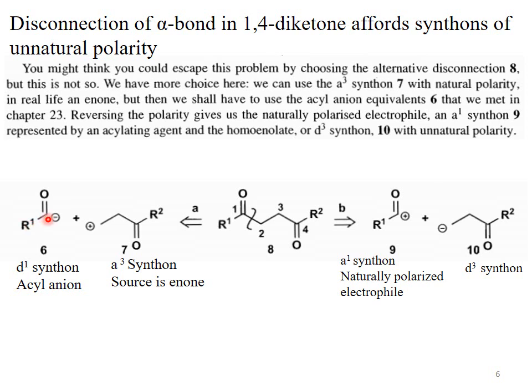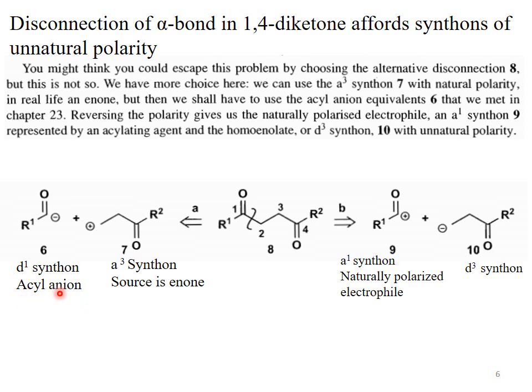See the fragment present on the left side. When the alpha bond of compound number 8 is disconnected, then we have a D1 synthon, that is an acyl synthon. The carbonyl carbon is carrying a negative charge, and the other synthon is an A3 synthon, because this synthon contains 3 carbons, one functional group carbon and 2 other carbons present in this fragment.